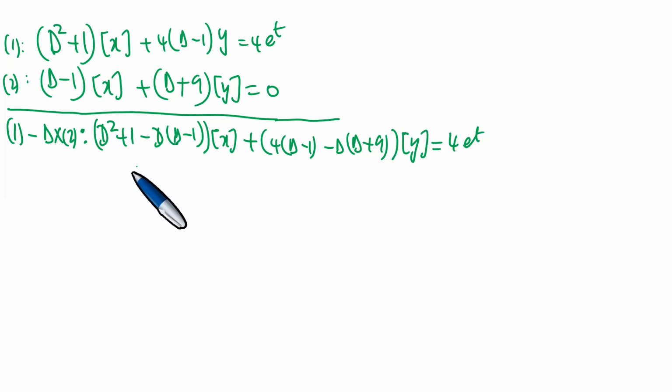What is this? Let's simplify this. So this one is d squared minus d squared, 0. And then we have 1 plus d, which is actually d plus 1.